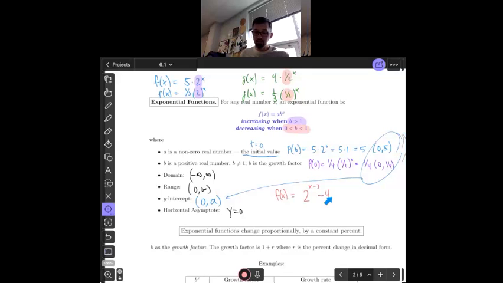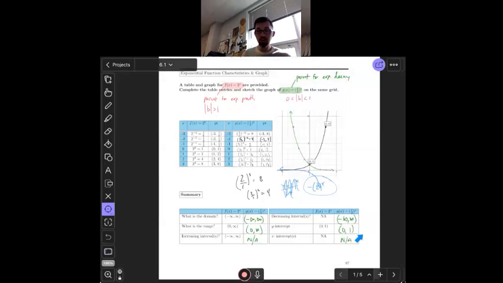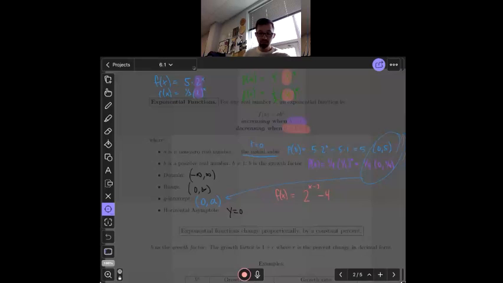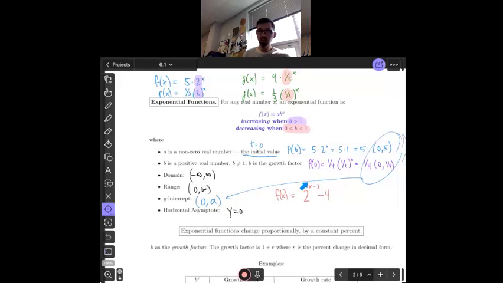This isn't something you have to worry about, but this would have a different horizontal asymptote. It would also have an x-intercept, which I said earlier doesn't happen. But it's because we're taking that whole graph and dragging it down, so all of a sudden it would cross the x-axis. You guys won't be graphing stuff like this.